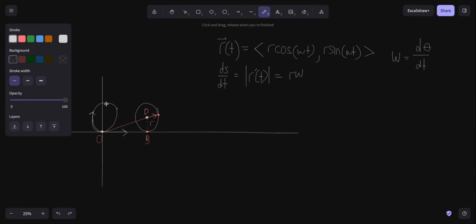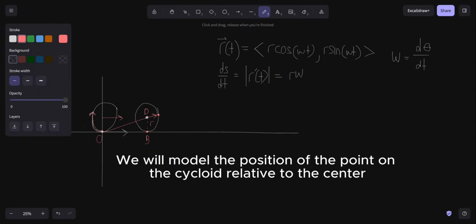So you have to factor in rotational motion and the motion of the wheel itself that's actually moving. So you can think about it as the position is essentially broken into two parts, right? The position depends on both the rotation that it undergoes and the actual movement of the wheel as it goes forward.